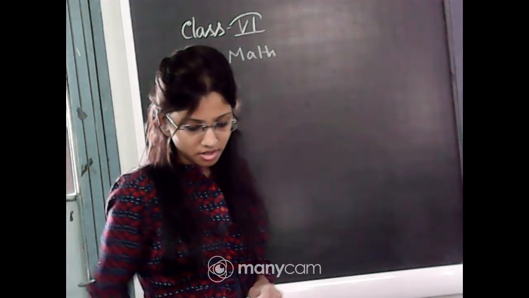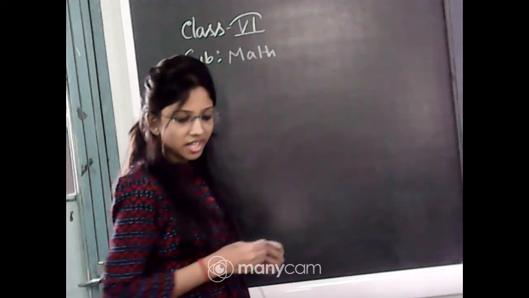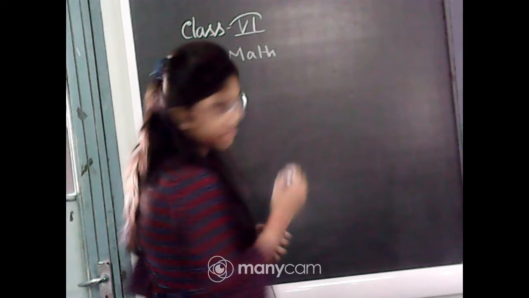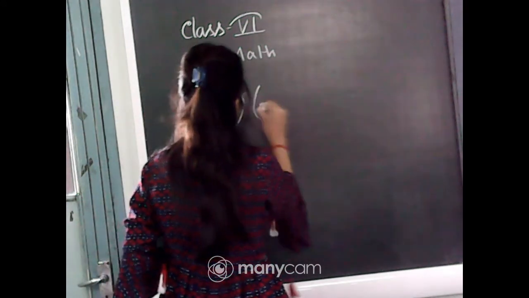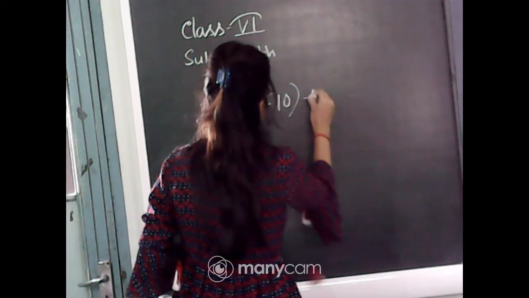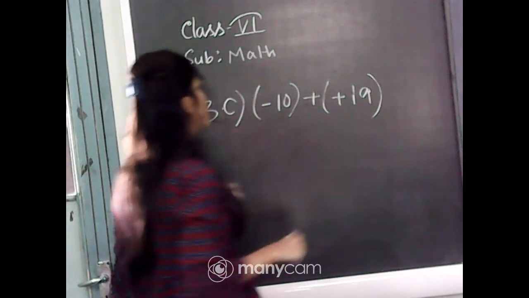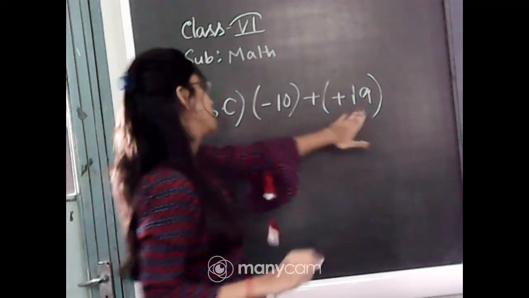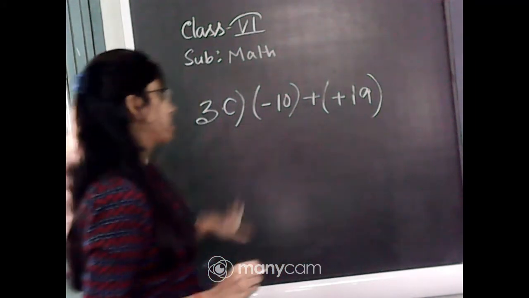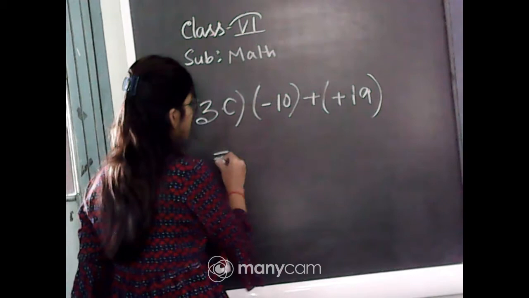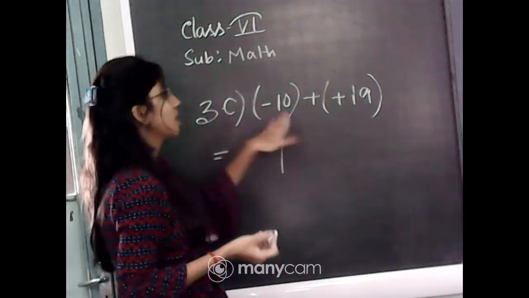Next, question 3C. Minus 10 plus 19. Here we have one positive integer and one negative integer. So we must subtract and we get 9. Now we decide the sign.